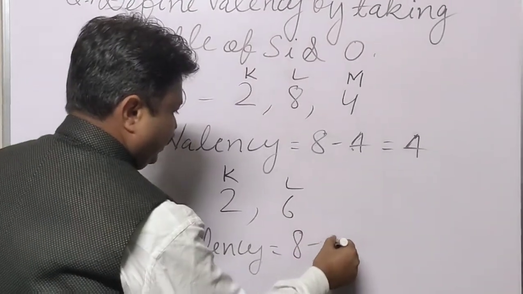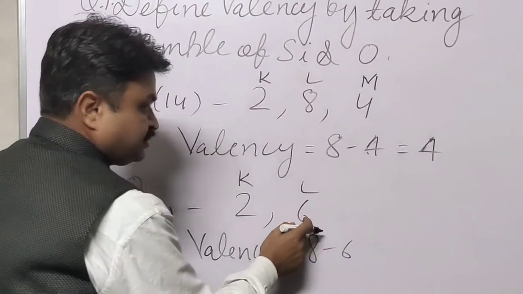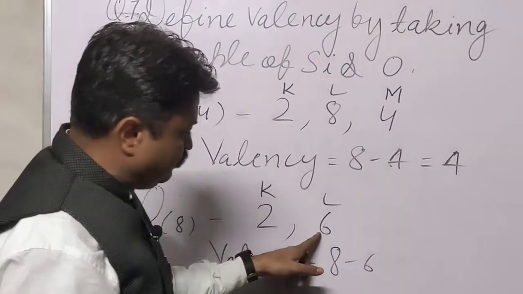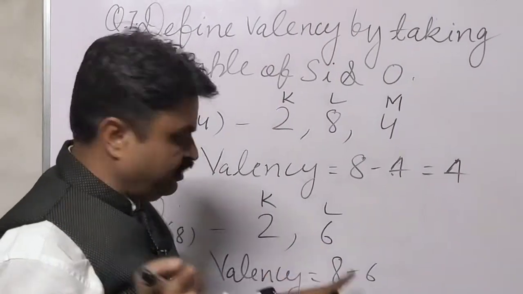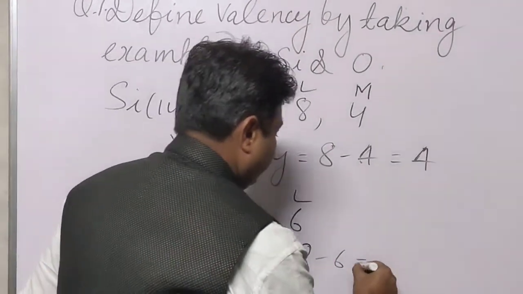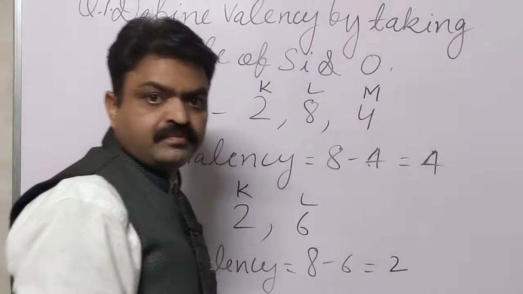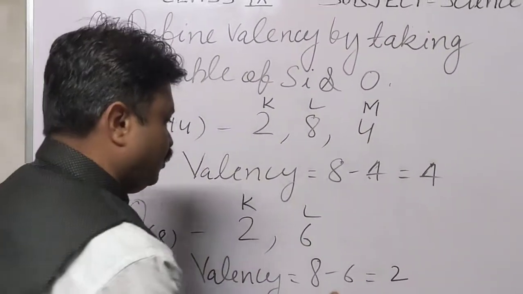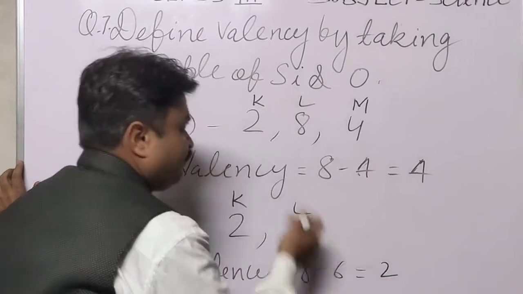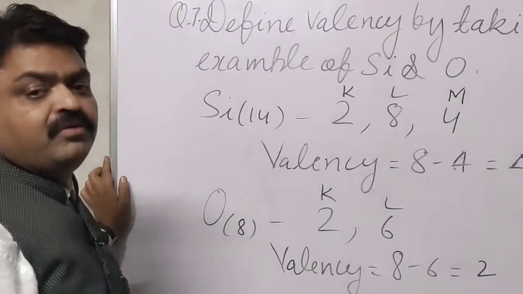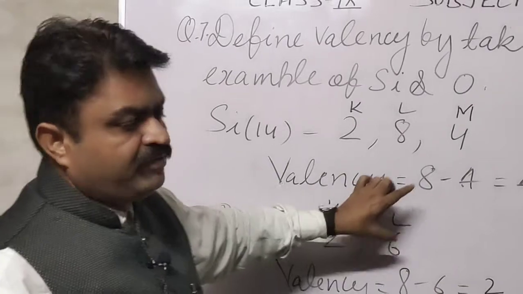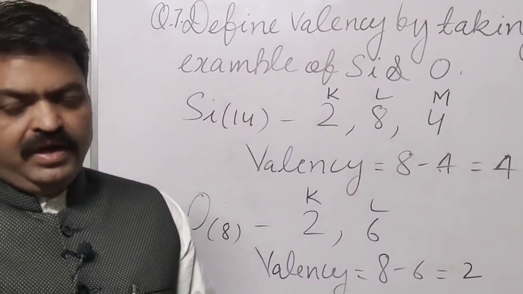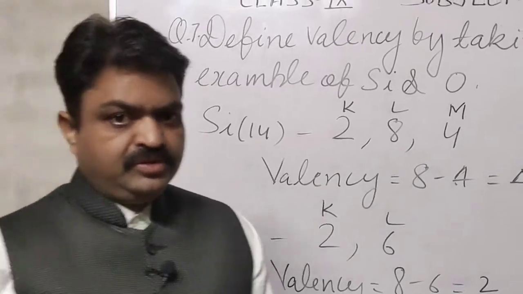If we subtract, 8 minus 6, it means if it takes 2 more electrons, it will complete its octet. So its valency is 2, student. In this way we find the valency of a particular element.